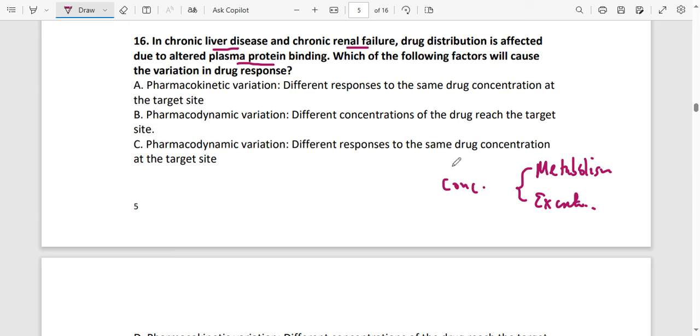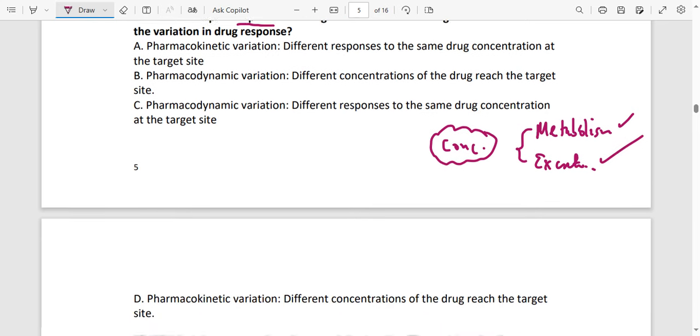Since we have this change in concentration, what do we expect to see? This metabolism and excretion itself, what properties are these? Is this pharmacokinetics or pharmacodynamics? As our doc has said, that's pharmacokinetics. Just think of kinetic as having to do with motion. Excretion is motion, metabolism, absorption, and those things.